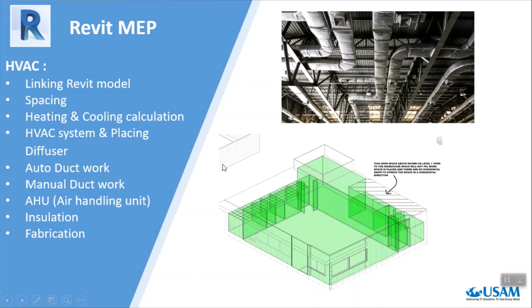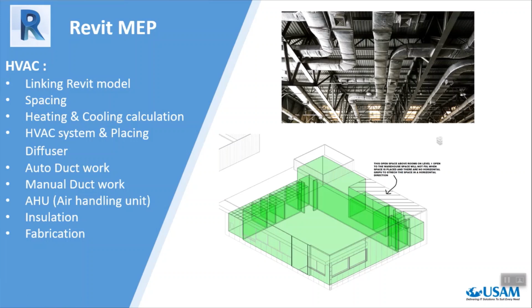The next step is to do the heating and cooling calculation for the rooms. For example, in an office building we have an employee room, a manager's room, and so on. We have to do the heating and cooling calculation for each and every room. Why do we need it?